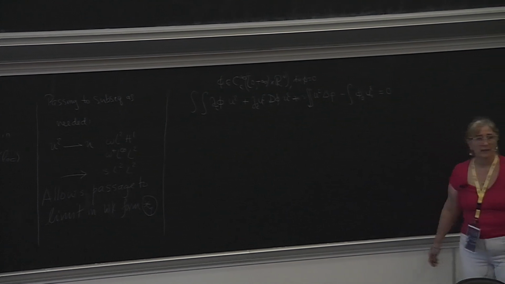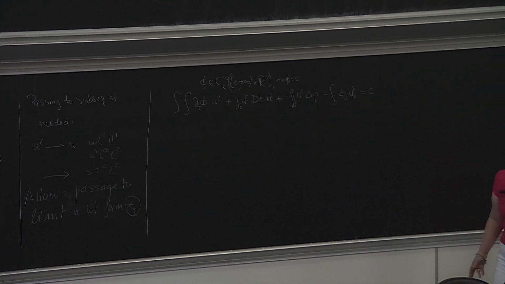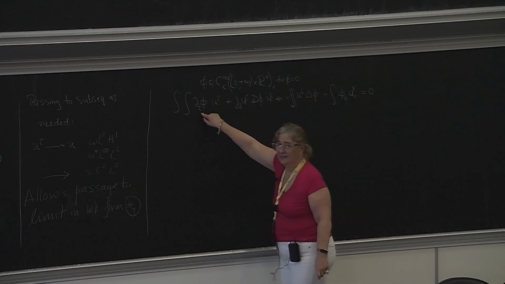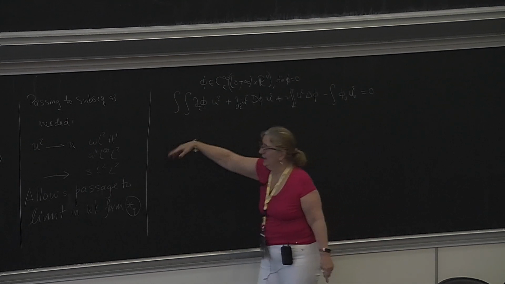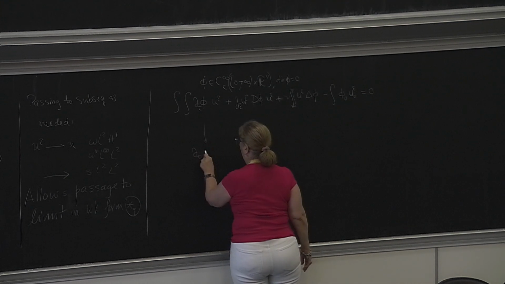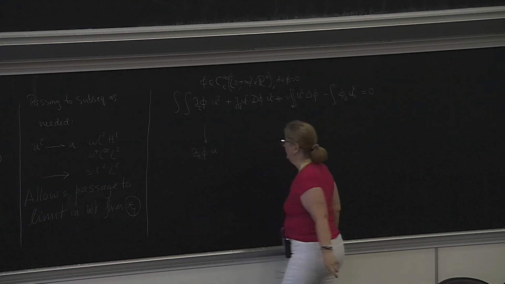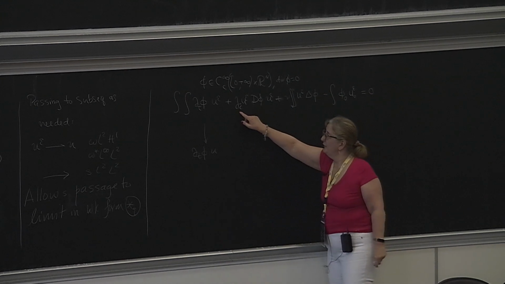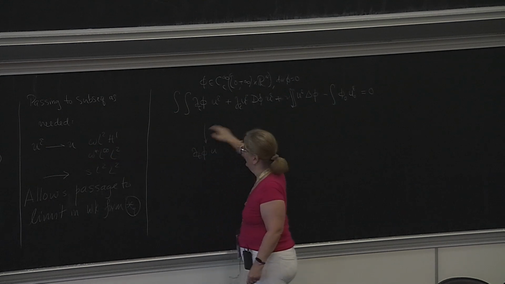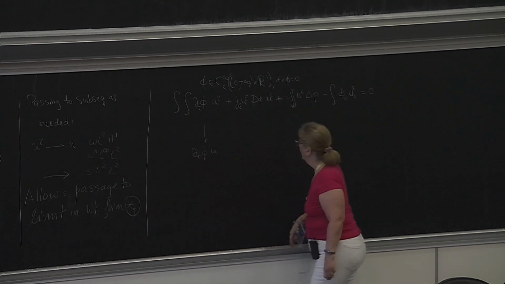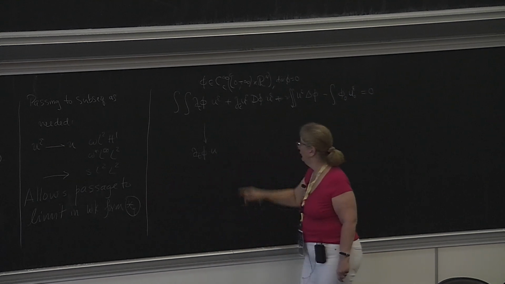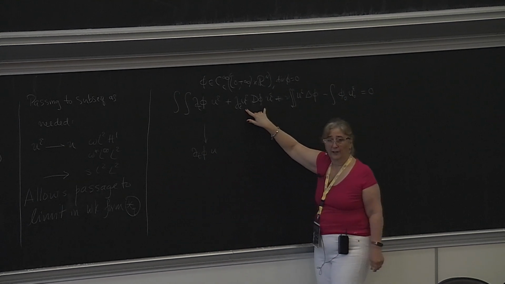Okay, here we go. So now I send epsilon to 0, and what happens? This is a nice test function in any of these spaces that you want. So this term here will converge to this term. Here I have, if U epsilon converges weakly here, then J epsilon will converge in the same space. In fact, I'm using here the strong convergence L2, L2, because I have a quadratic nonlinearity.